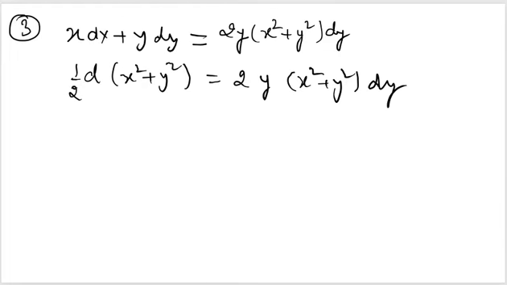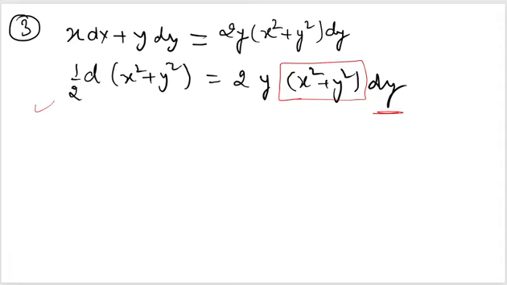Here on the right side, I am having dy, it can only integrate a y function, so this batch is not needed. So it is going to help me decide an integrating factor, and I can see that when the form is d of x square plus y square, 1 upon x square plus y square can work on this side, and when you divide, it will be removed from the right side and your expression will be in an integrable form.